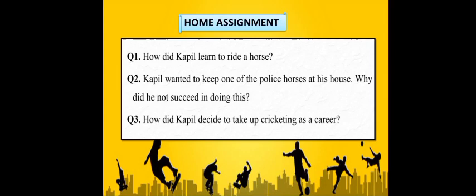And the second question is, Kapil Dev wanted to keep one of the police horses at his house. Why did he not succeed in doing this? And the third one is, how did Kapil decide to take up cricketing as a career?